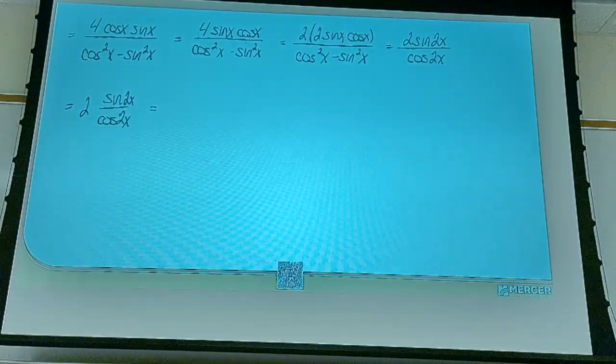That's twice sine of 2x over cosine of 2x. And what's sine over cosine? Just tangent, right? And that's what we wanted.